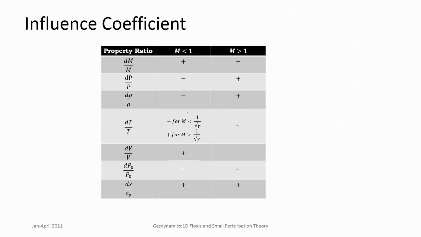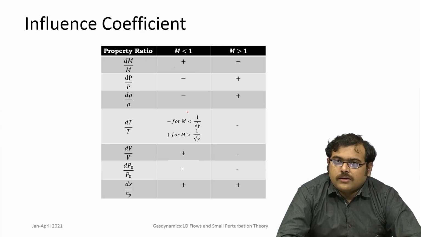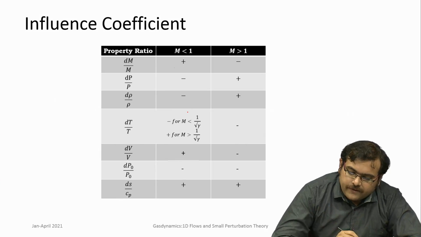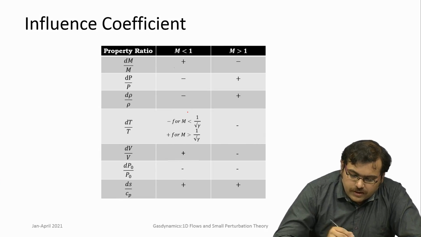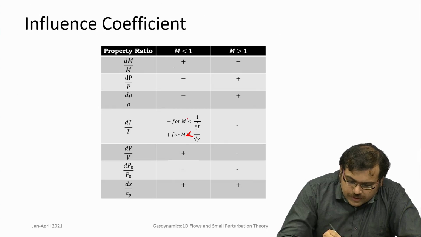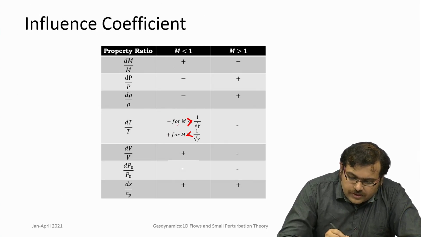So, if you look at that, then how do these properties change? We have already gone through them. If heat is getting added in a subsonic flow, Mach number increases; in a supersonic flow, Mach number decreases. Pressure decreases in a subsonic flow. Temperature will increase as long as Mach number is less than 1 by square root of gamma, but then for Mach numbers greater than 1 by square root of gamma, temperature will decrease.